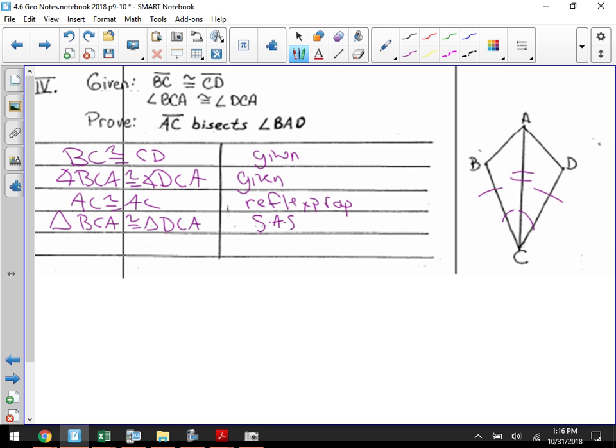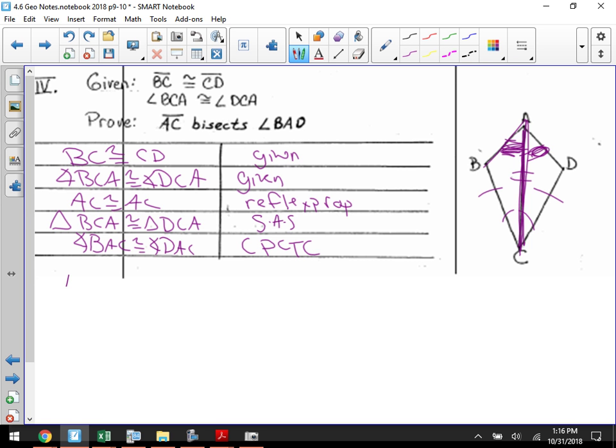Now, in order to show that AC bisected angle BAD, we have to figure out where those angles occur. Here's AC, and it's bisecting the angle up here. So that means I have to talk about these two angles here and here. BAC has to be congruent to angle DAC because of corresponding parts in congruent triangles are congruent, which then lastly allows you to do what?